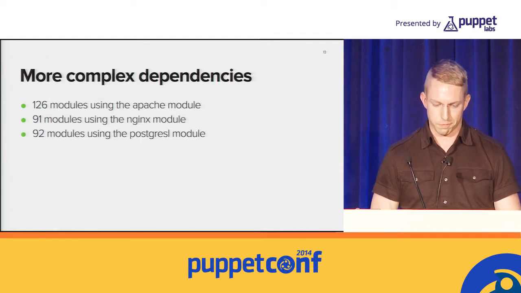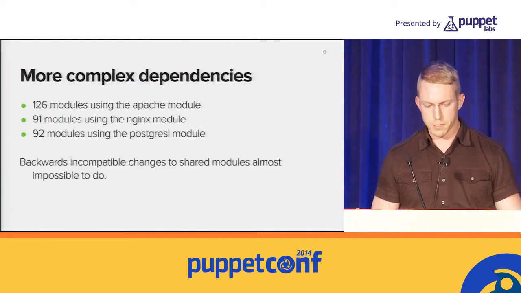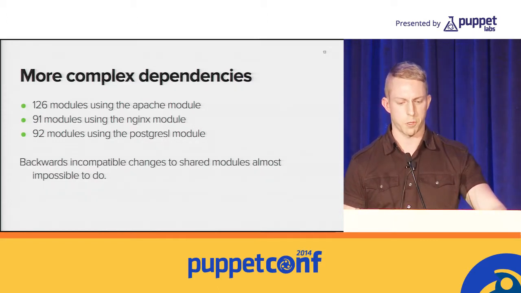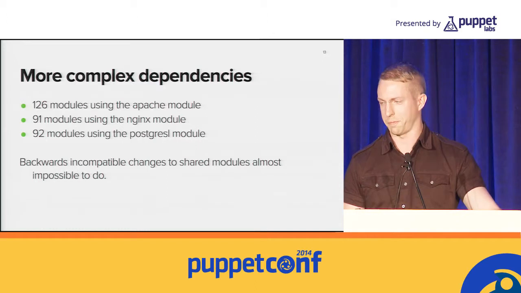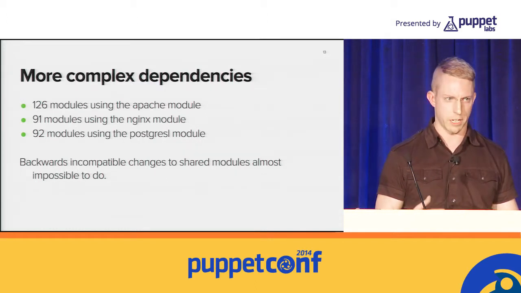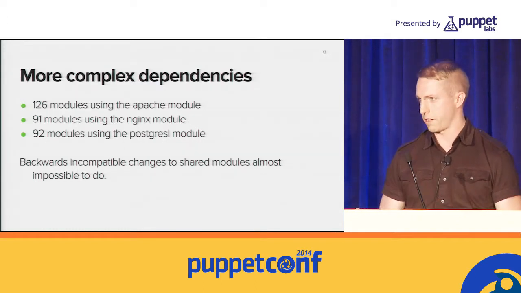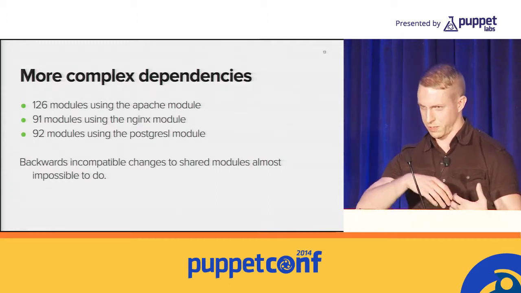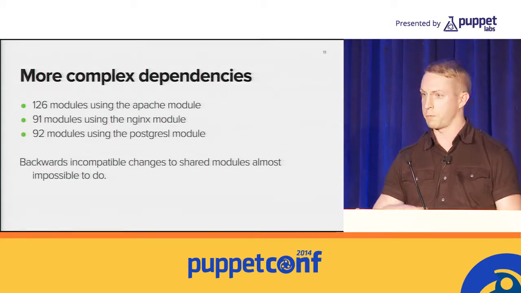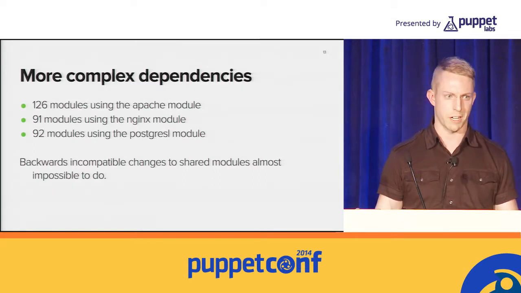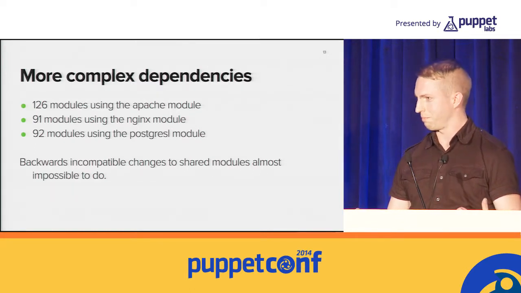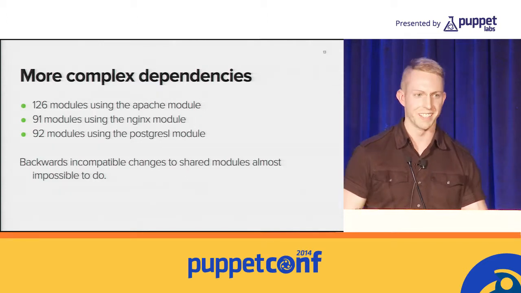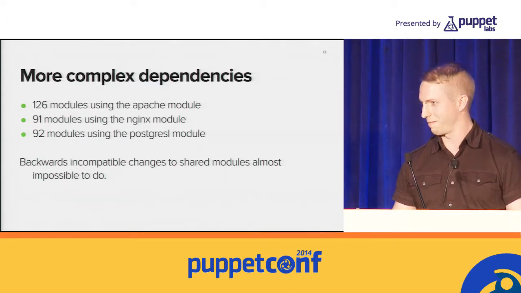So because of this, backwards incompatible changes are almost impossible to do. If you want to do a backwards incompatible change in the Apache module, at the same time you need to change 126 other modules to accommodate for that change. And pushing out that change all at the same time is really, really scary. So you tend to just avoid doing it.